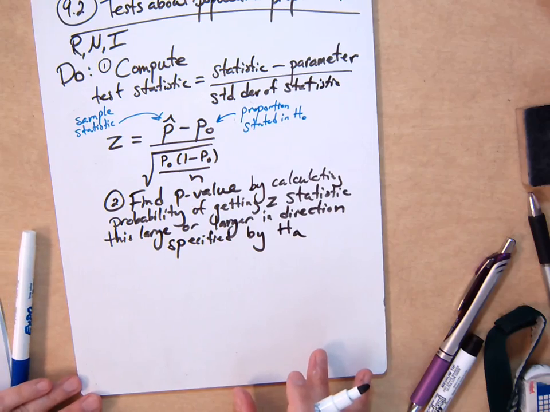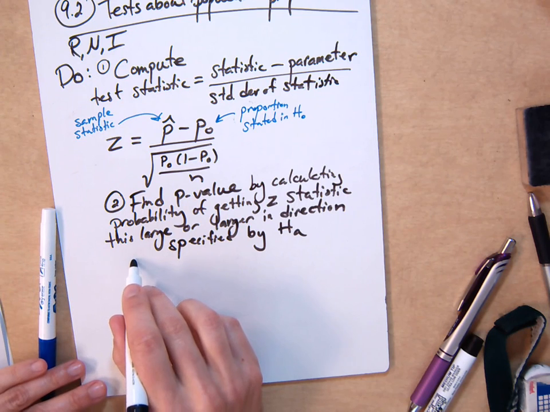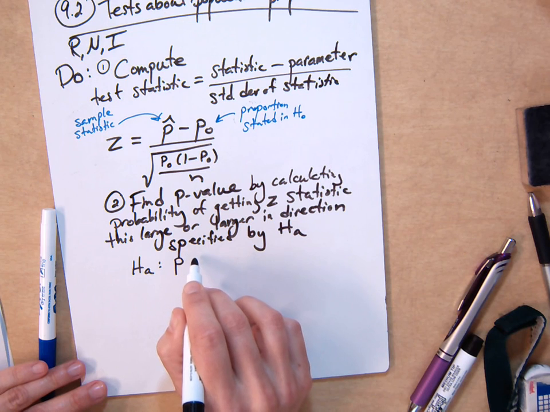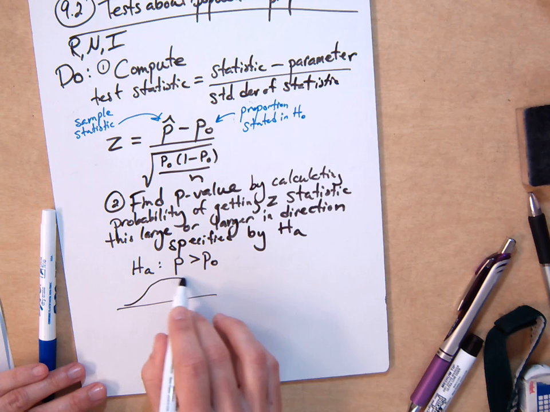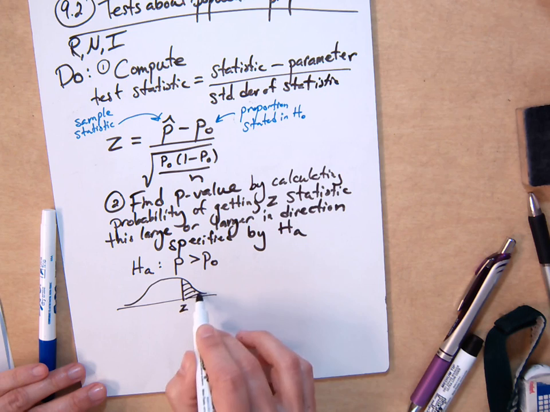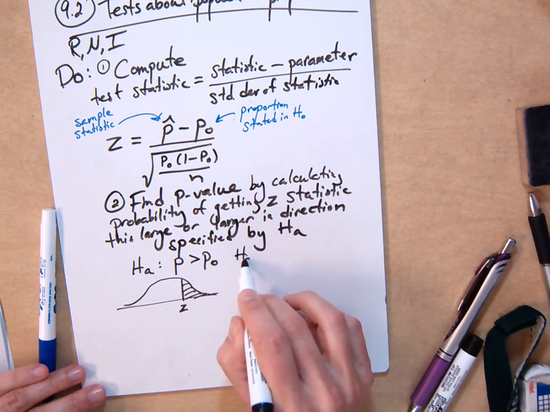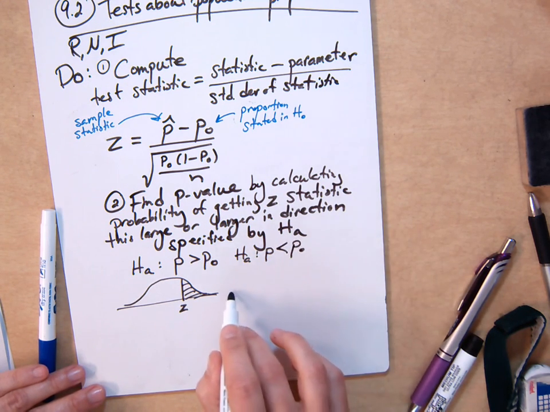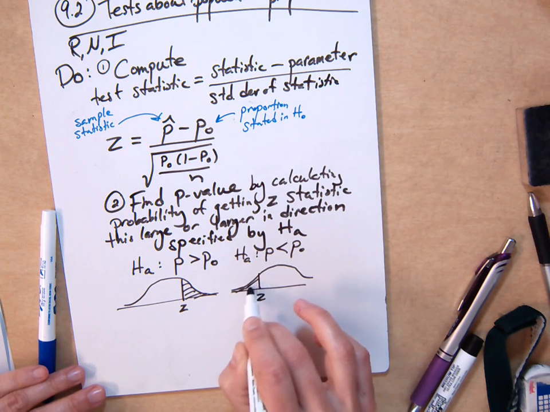So I think that if you look at it in context of the examples we just did, let's say H sub A is, you're trying to prove P is greater than P naught, then picture-wise, you're looking for this area or probability. If H sub A is P less than P naught, then you're looking for this scenario, Z, you're looking for that area.